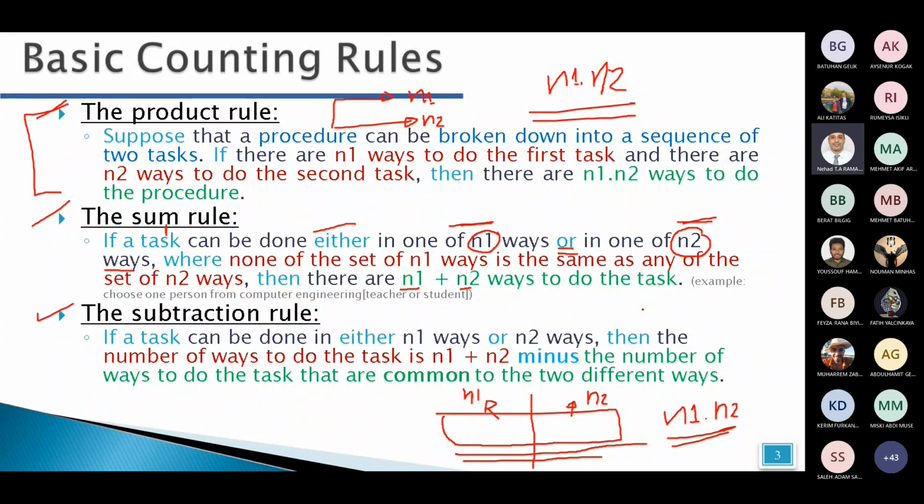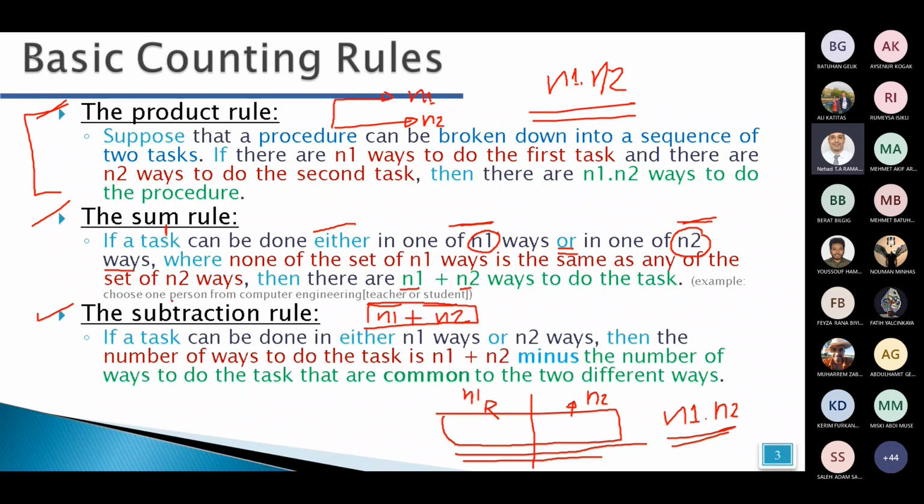Example, if I said we need to choose one person from computer engineering. We have teachers and we have students in computer engineering. If the teacher cannot be a student and the student cannot be a teacher, in this case, we have n1 ways to choose from teachers and n2 ways to choose from students. So to choose a person from the teachers or the students, we have n1 plus n2 ways to do this task.